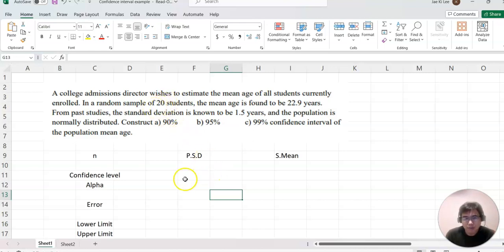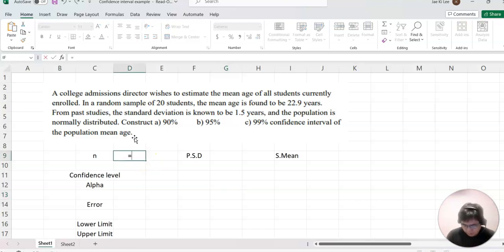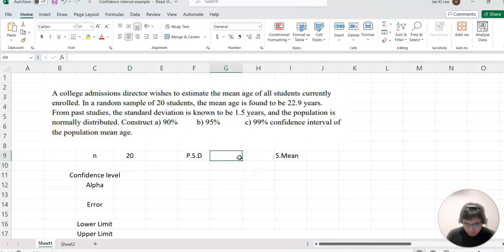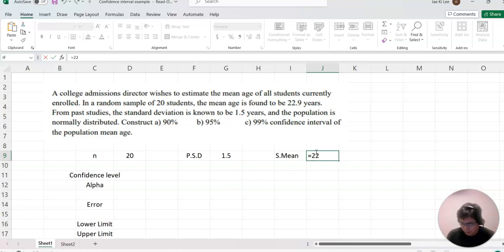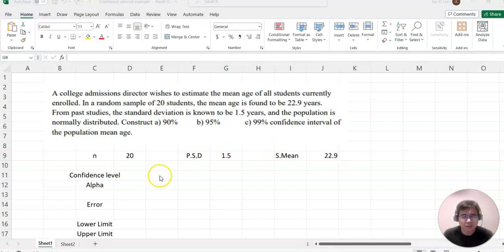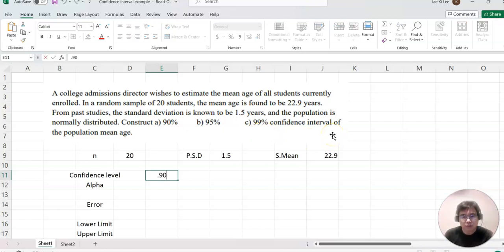Let's organize all this data here. So n equals 20, the population standard deviation equals 1.5, and the sample mean is 22.9, and the confidence level can be 90%, 95%, or 99%. I'm going to start from 90%, which is 0.90. Alpha is always 1 minus the confidence level.